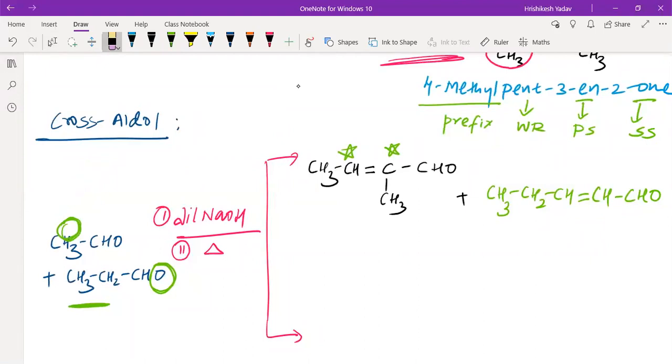Okay, we'll try to understand this. How to get cross aldol? As I said, oxygen of first and hydrogen of second molecule. So we get this. Now, next what?